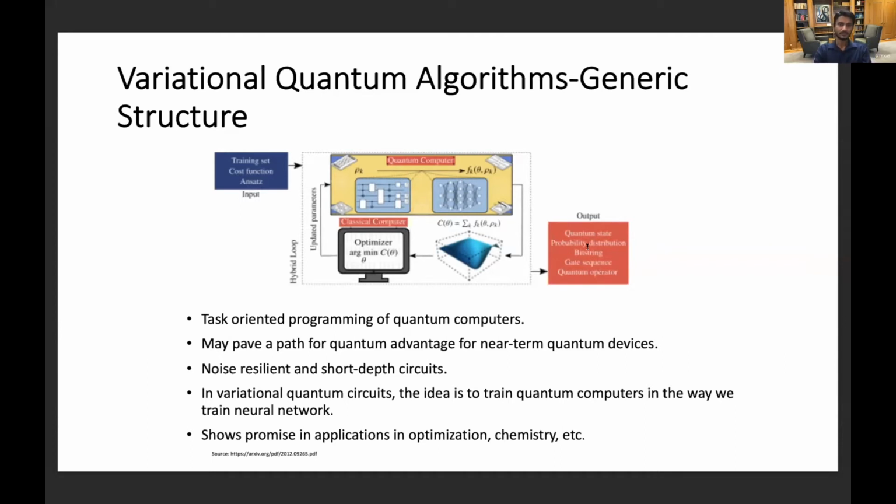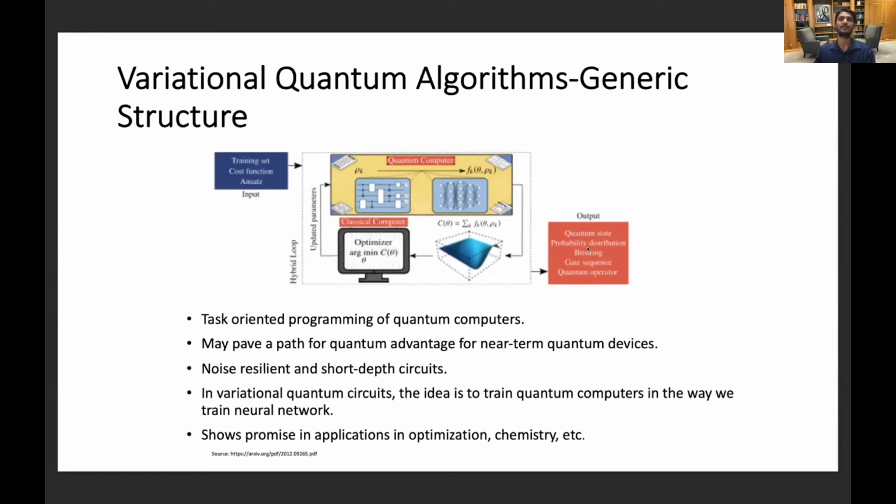And in a way, variational quantum circuits are similar to what we have in neural networks, for example, right? You are given data, you design a neural network with certain layers, and those layers have some parameters. And at the end, what we're trying to do is simply optimize over those parameters, right? So instead of having a neural network, what you have is a quantum circuit.